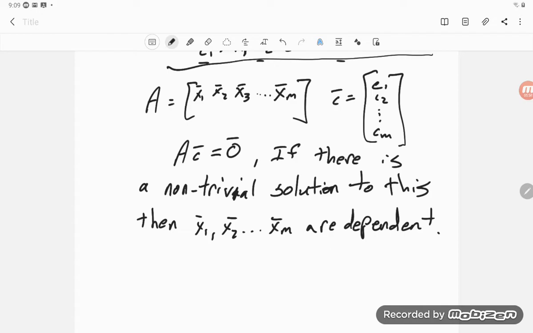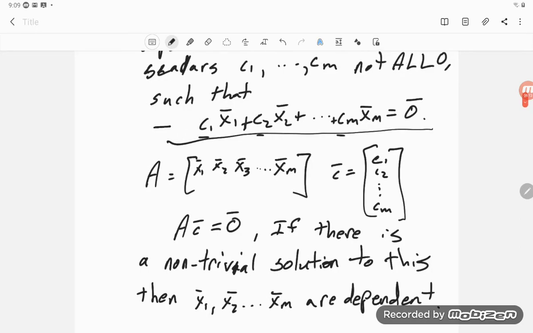If there is, that non-trivial solution would have at least one of those C's be non-zero. Then it says those columns of A are dependent, which is saying the same thing as up here, that not all of those C's are zero.